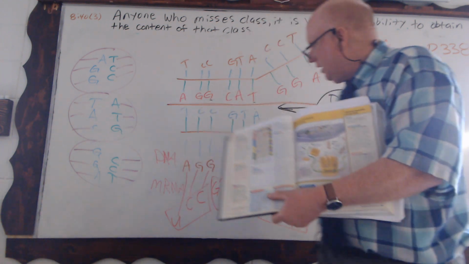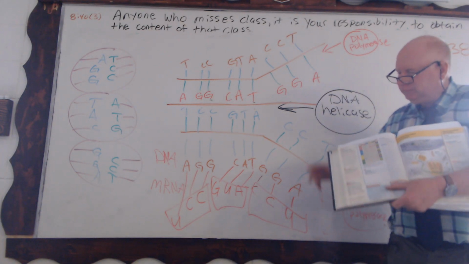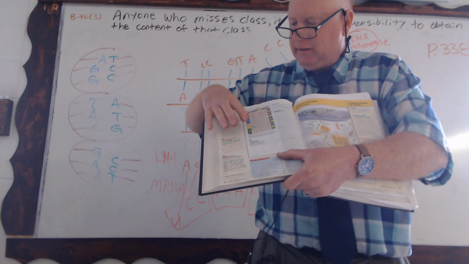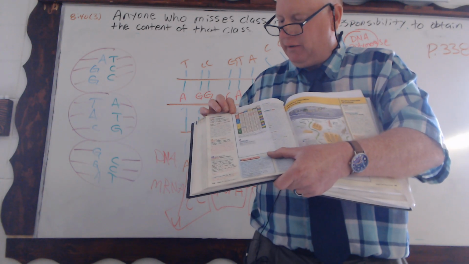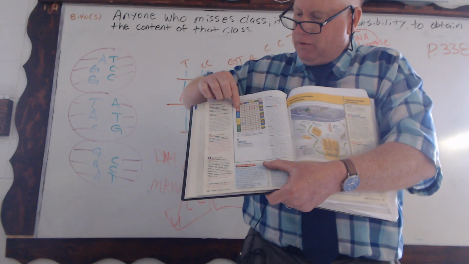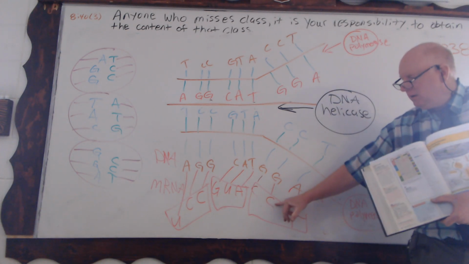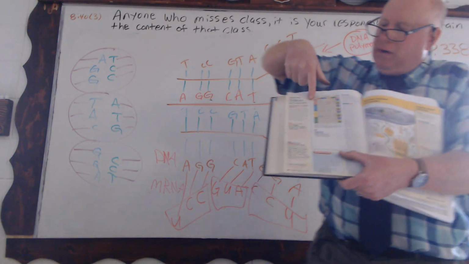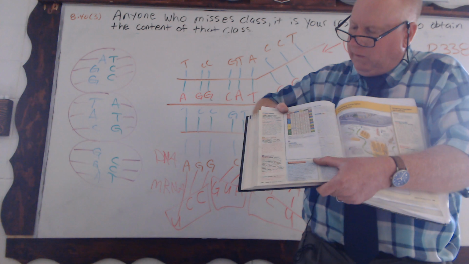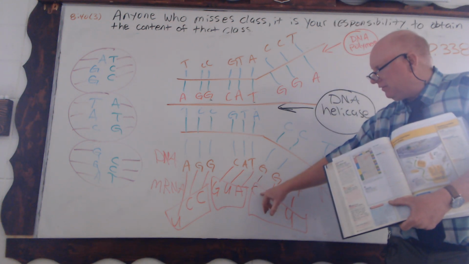So, if our first base is uracil, what color is uracil? It's red. So we're somewhere up on the top here. What is our second one? In the red, we go across till we find C, and that's what color? Then what's our third letter?